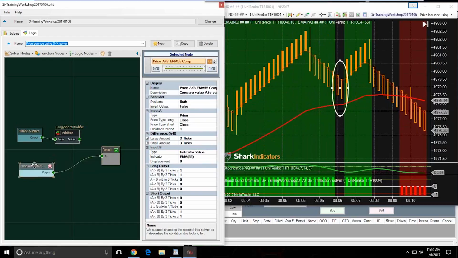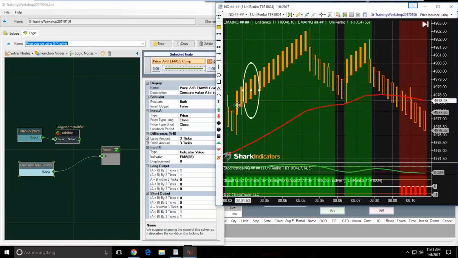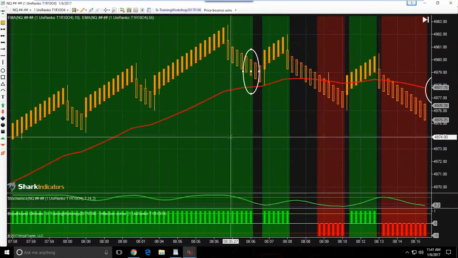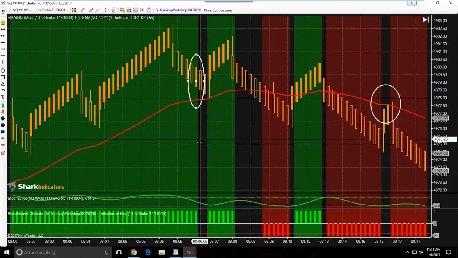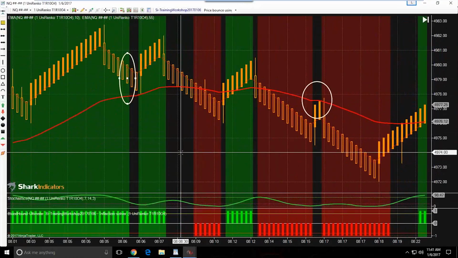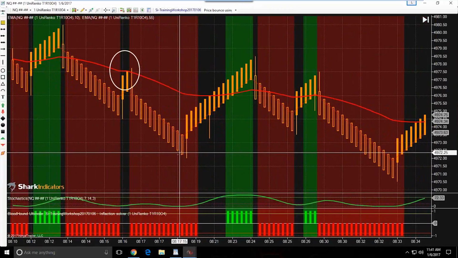What this comparison solver is doing is analyzing a bar by bar case. So even though we see a solid green here, each bar is being calculated independently, and what that means is, let me find a spot on the chart.